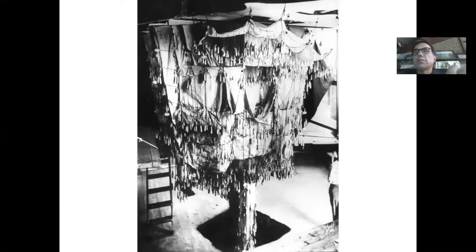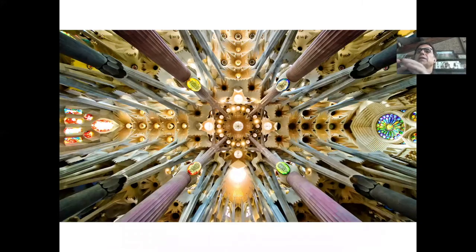Probably you have seen some of these beautiful models that he made to understand the structure of the building, how the structure was organized, and how he was using these inverted models to understand the weights of the building. And this is how the building is today, the big space with the columns designed by Gaudí, but not built by him.